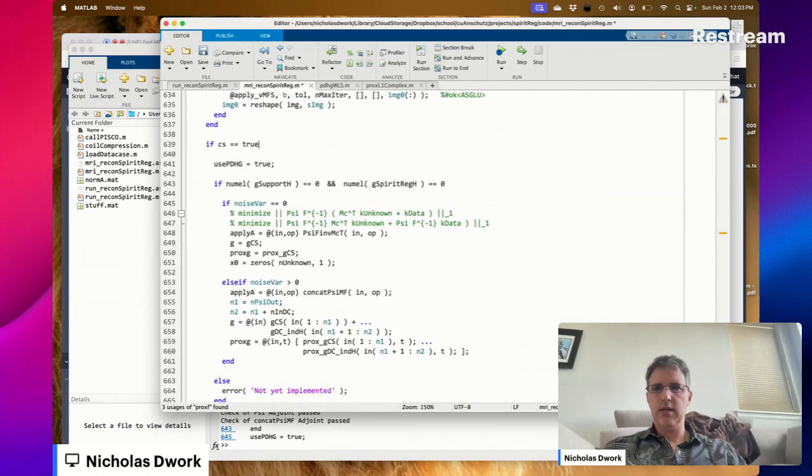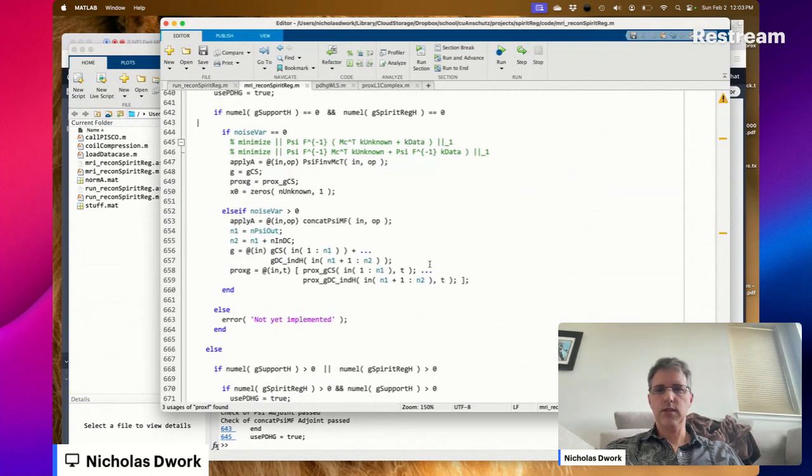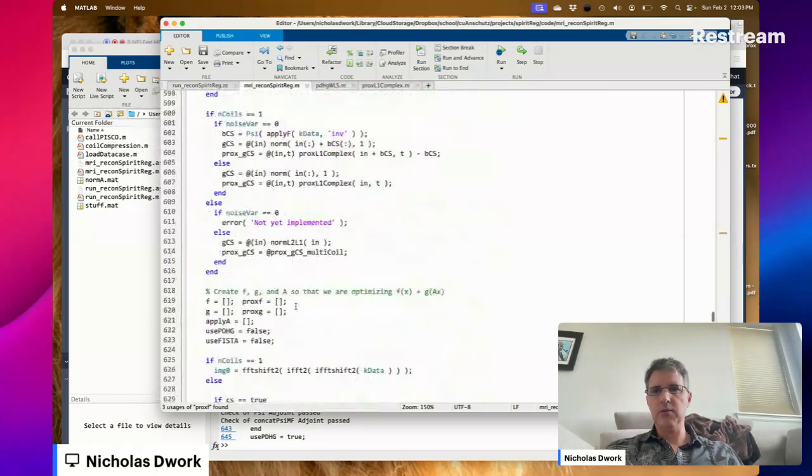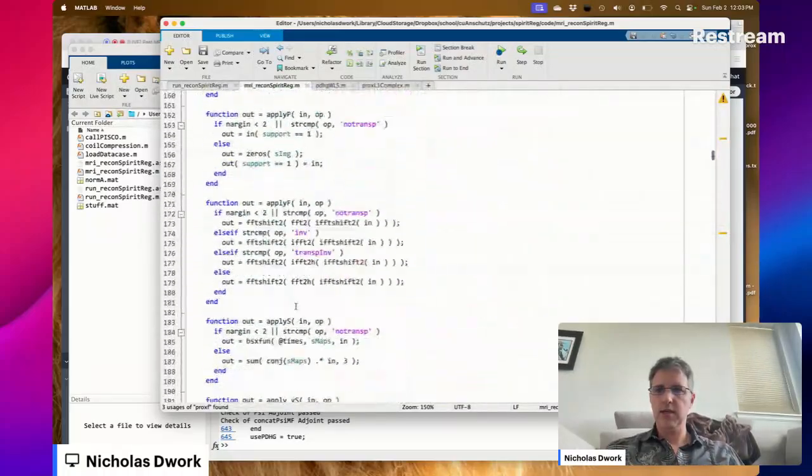I think it is. Okay, so this is working. We got some version of compressed sensing working. That's what we're going to do today.